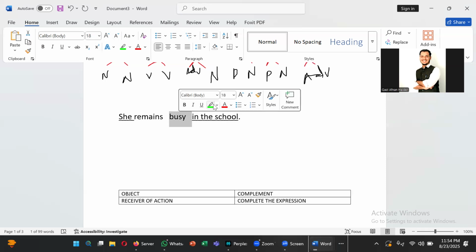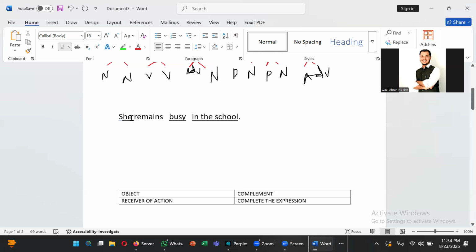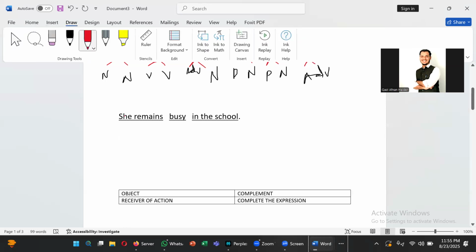Busy is complement. Okay, guys, now see. Here, she is the subject. Yes, why not? She is subject. Remain is verb. Yes. Busy is complement. In the school is adverbial.